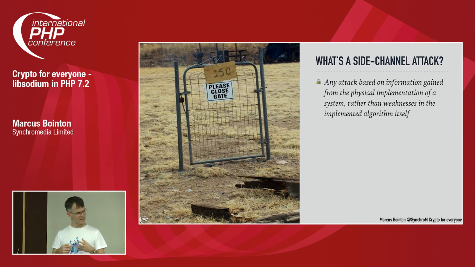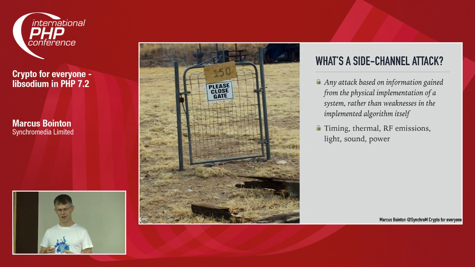So how do these actually manifest themselves in practical terms in software? It really refers to other ways that information can be extracted from a system that are not quite what you might expect. The most common ones are timing, thermal emissions, RF emissions, light, sound, and power consumption. These are all ways that systems leak information, often in very subtle ways, that can result in people being able to extract data from places that they shouldn't.